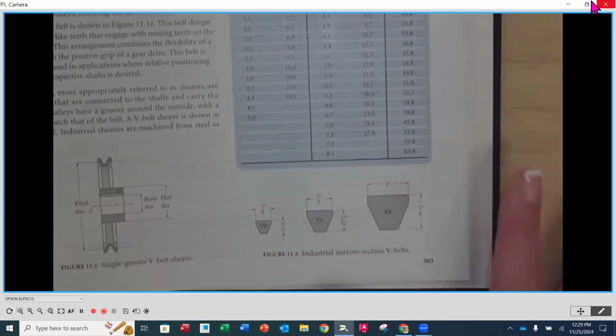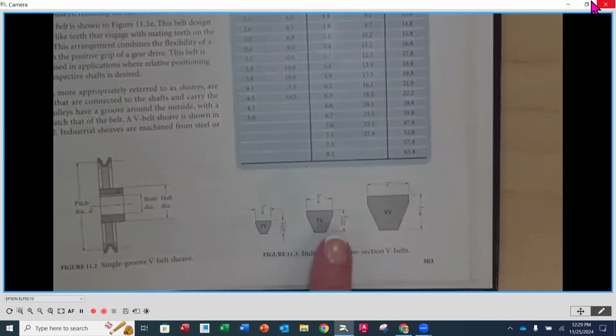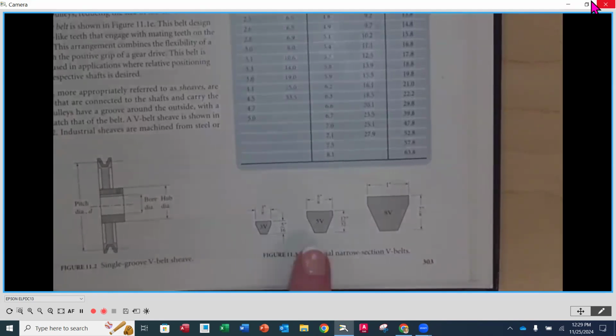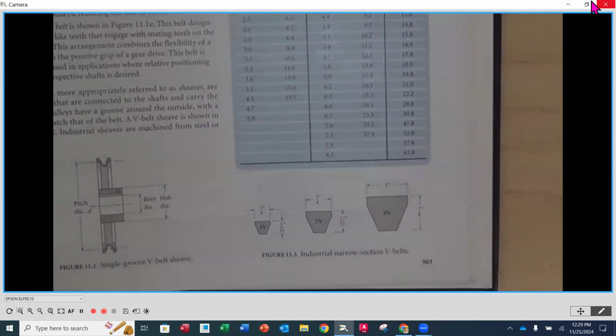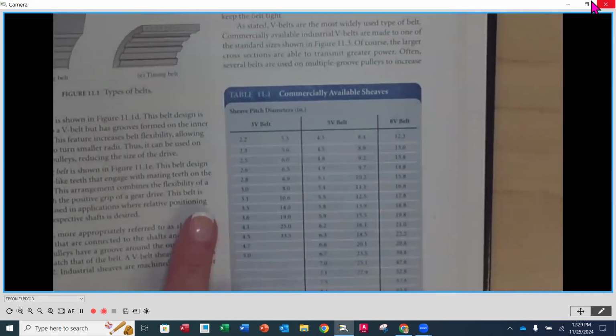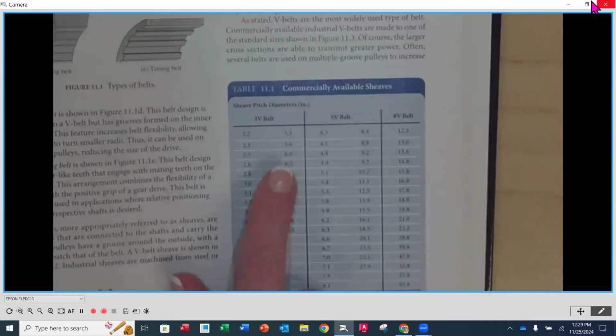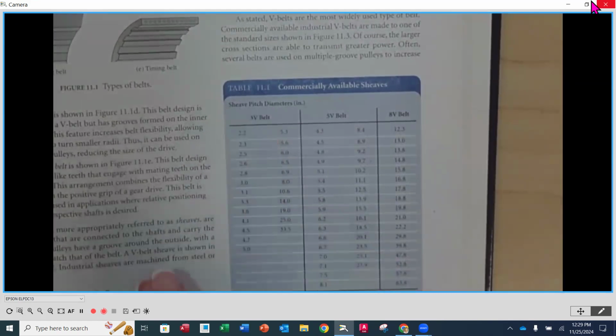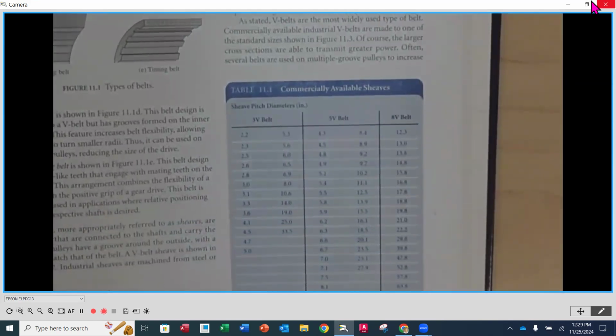Now, as we look down below, you're going to notice that there are those corresponding 3 different sizes, 3V, 5V, and 8V. And as you can see, the physical size of the cross section of the belt is what differentiates. So the 3 is going to be the smallest and the 8 is going to be the largest, okay? And then correspondingly, all of the numbers that are inside the column here are going to correspond to a standard sheave pitch diameter.